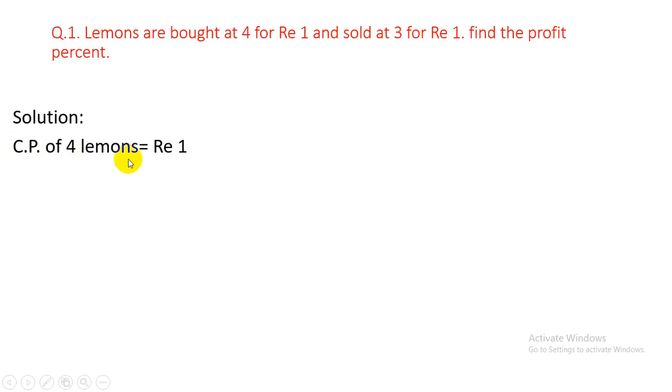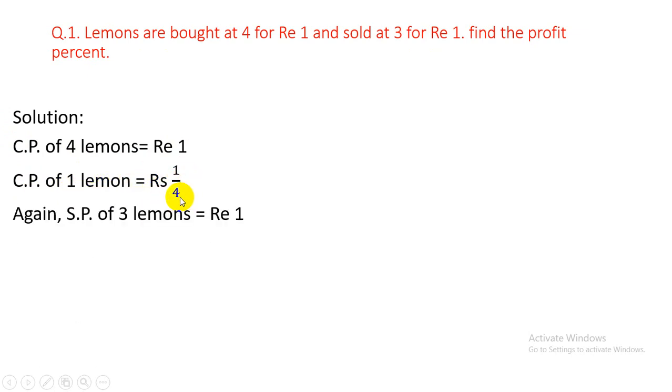CP of 4 lemons is equal to rupee 1. It means CP of 1 lemon is equal to Rs 1 by 4. Again, SP of 3 lemons is given as rupee 1, so SP of 1 lemon is equal to 1 by 3.